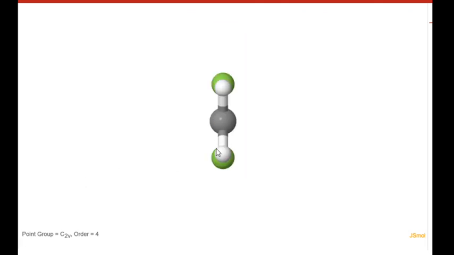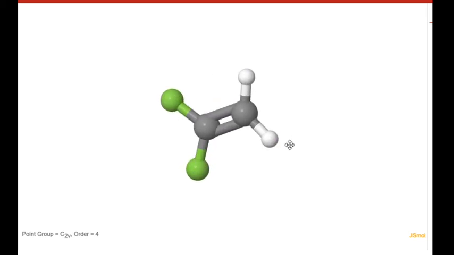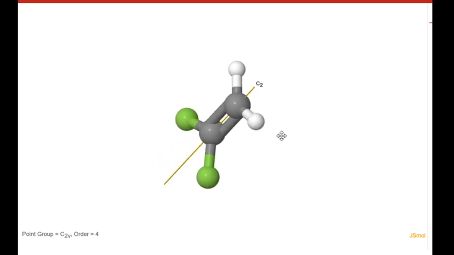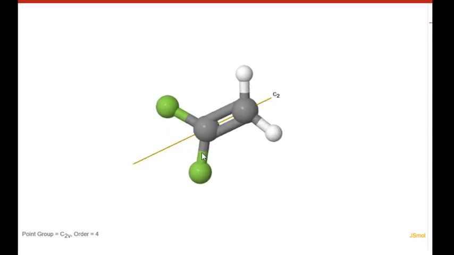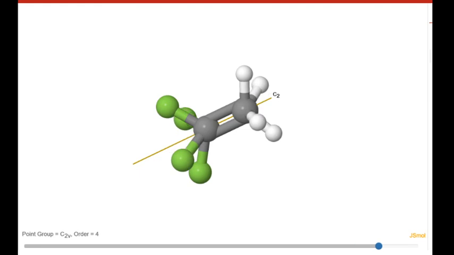Now let us take one more example. This is the molecule 1,1-difluoroethylene. Now for this molecule, one can have a C2 axis of symmetry here, right? This C2 axis bisects the two fluorine atoms and the two hydrogen atoms, and it passes through both carbon atoms of the molecule. So if we rotate the molecule about 180 degrees, it results in an indistinguishable orientation.